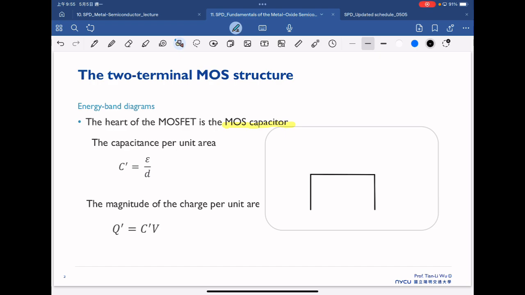It's the same as the gate region in the MOSFET, where we have the silicon substrate, the silicon dioxide SiO2 with the dielectric constant of the oxide, and then we have the gate metal.